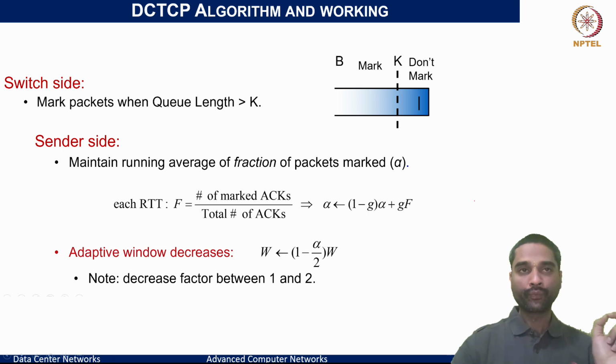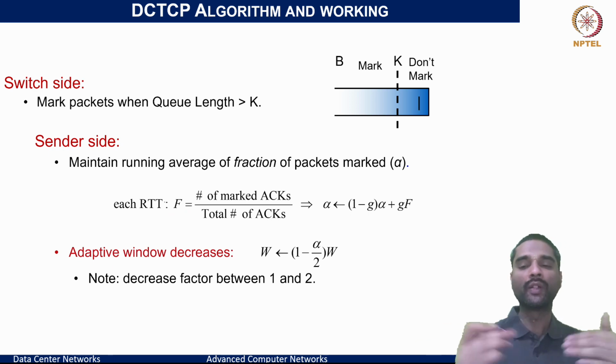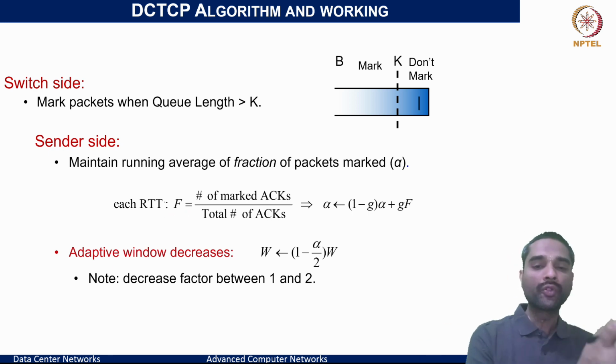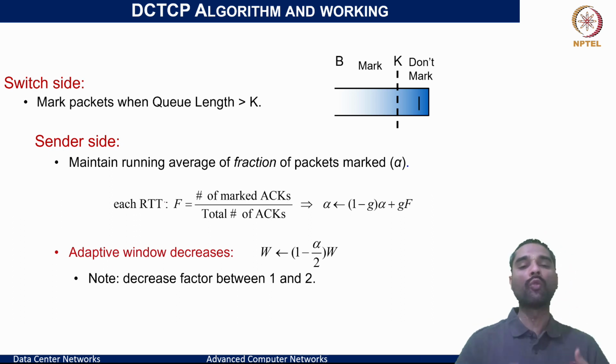So the receiver echoes the actual ECN bits back to the sender, and the sender accumulates all the packets with the ECN bits to estimate, first within each RTT, the fraction of packets that he received, and uses this fraction as information to say how much we should lower the window.